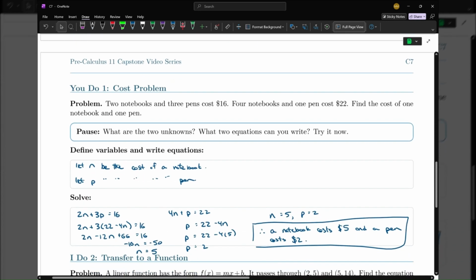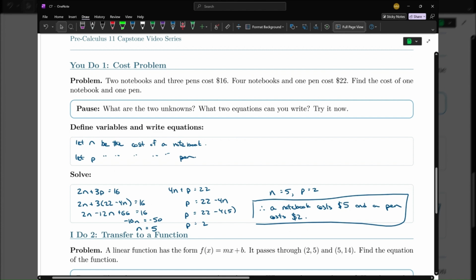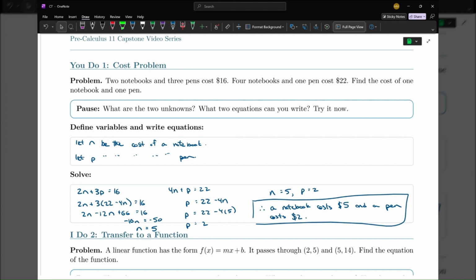Okay. So here's your solution. Here I got a little creative with my variables. I used n and p. And note that by my definition, n is the cost of a notebook, not the number of notebooks. That's a really common mistake here. But either way, that doesn't really matter.